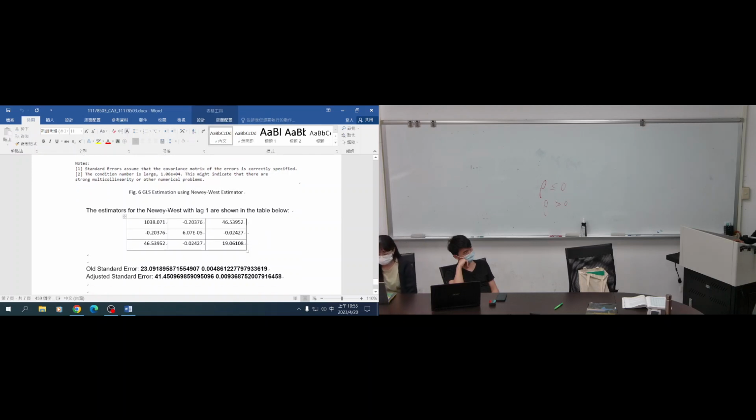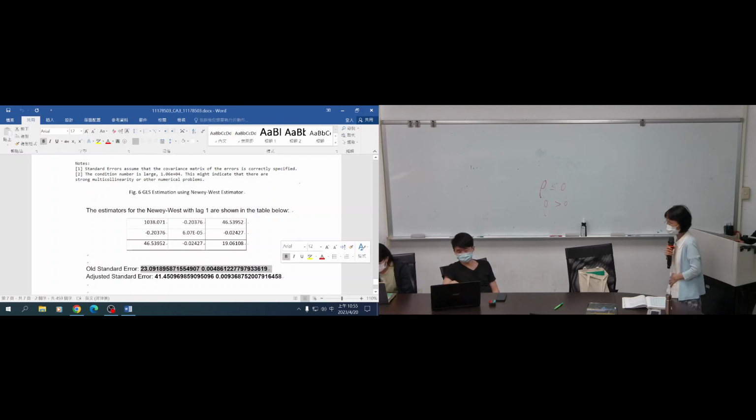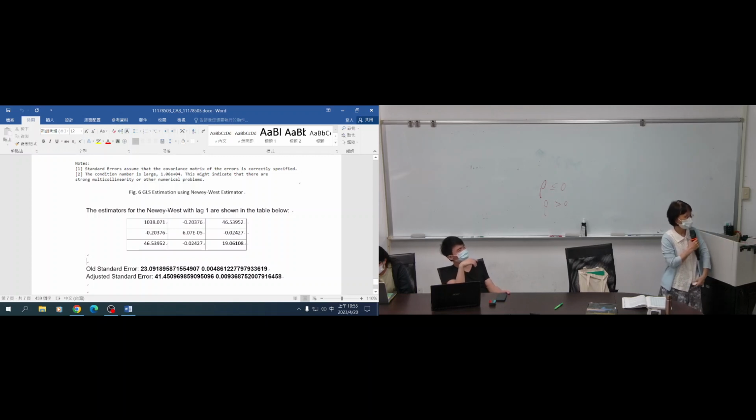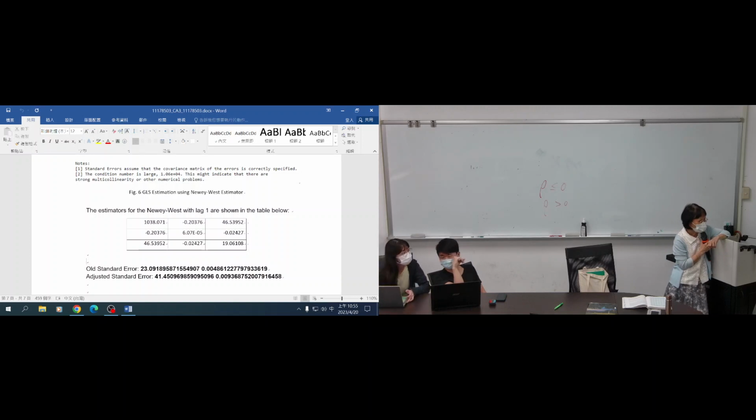Is this the same as yours? The coefficient is the same. It should be the same as OLS, right?